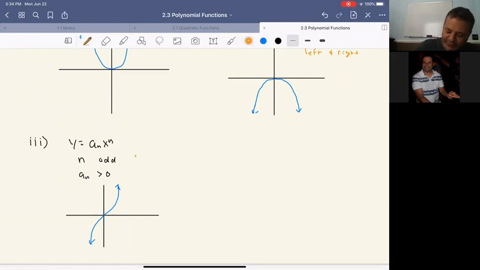So we might say it rises right and falls to the left.